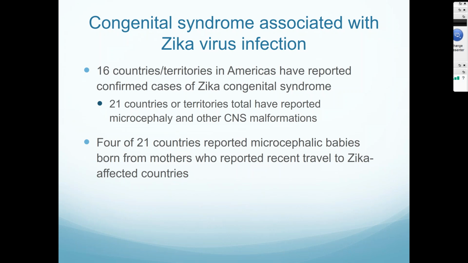Because as you will see, and I will share with you the ultrasound images of the findings, whether it's in the brain, whether it's in the limbs, and even the eyes may be affected, there's no question that there's a congenital syndrome identified in over 21 cases, and yet 4 of the 21 countries reported microcephalic babies from mothers who recently traveled to one of these affected areas. Remember that.